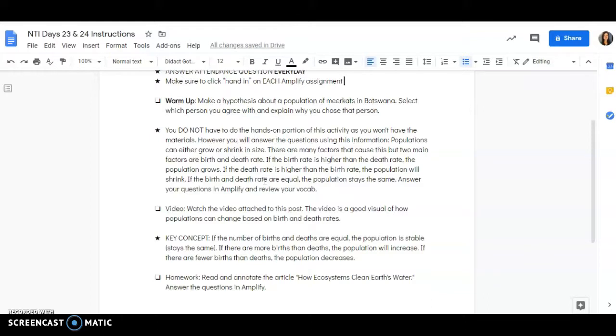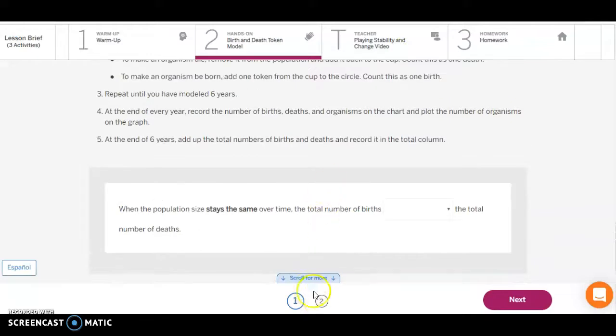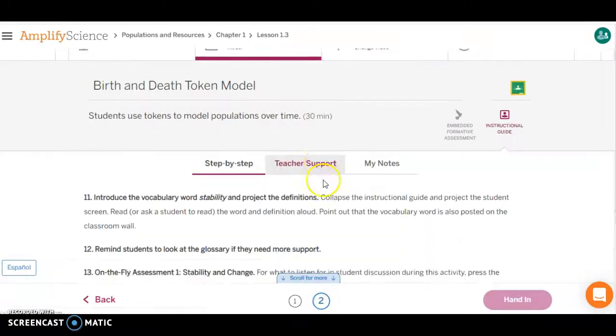Opposite of that, though, is if the death rate is higher, meaning more of that organism is dying off than the birth rate, then the population is going to shrink. A rare circumstance would be if the birth and the death rates are the same, then obviously the population wouldn't really change. So that piece of information right there, I would pull up your instructions because that pretty much answers this part for you. Double check.